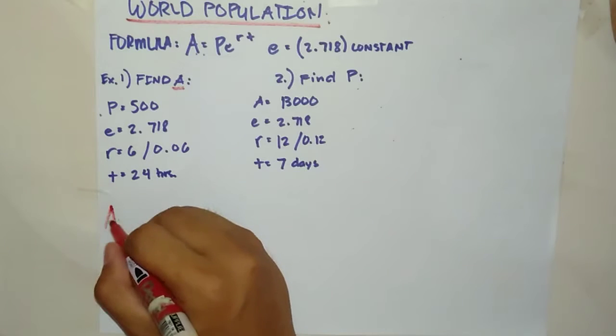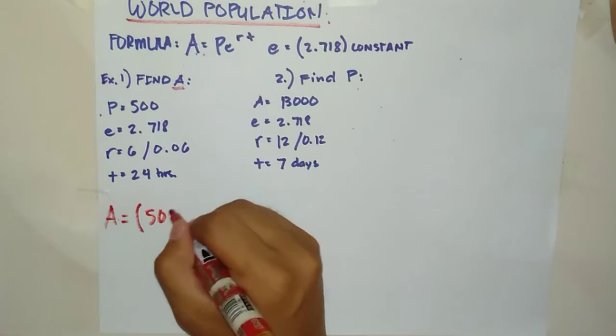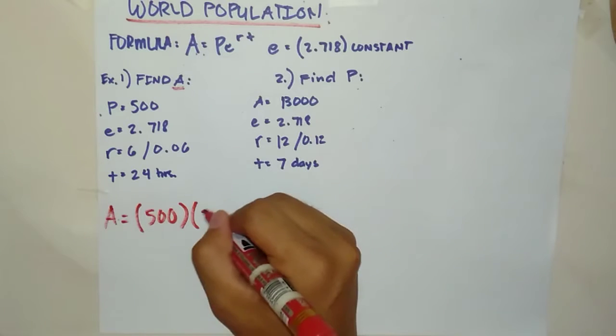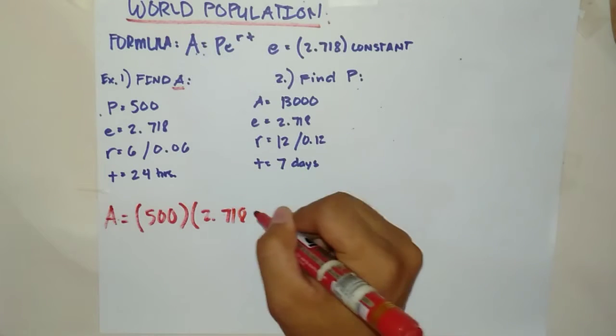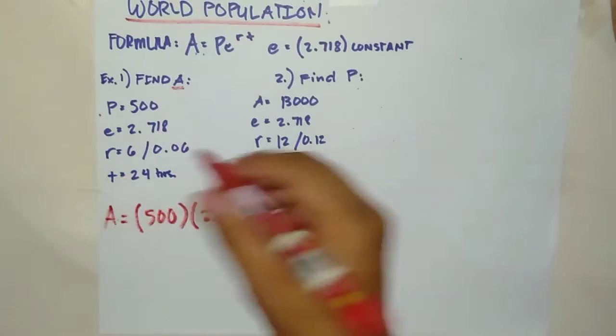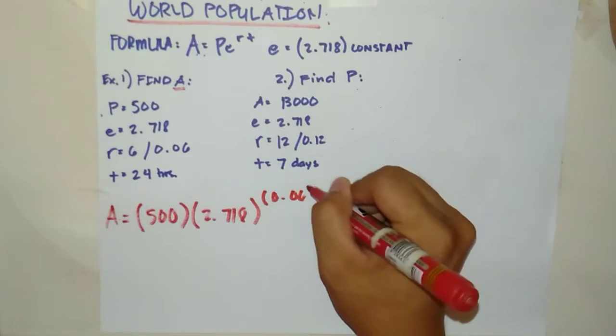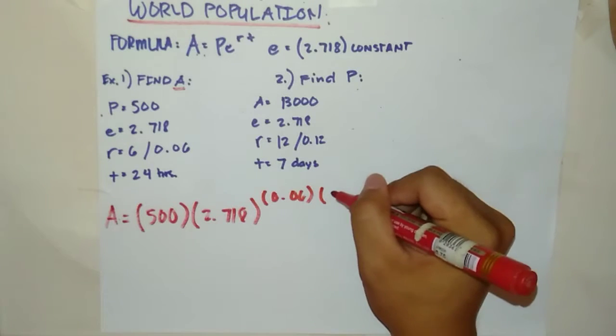So A is equal to 500 times 2.718, then the rate of change is 0.06 and then 24 hours.